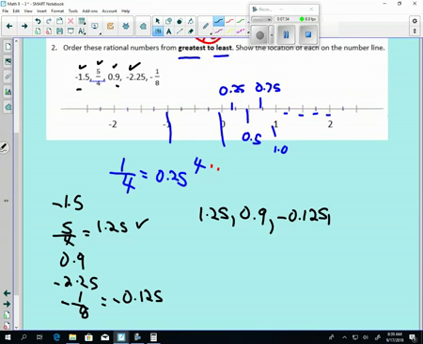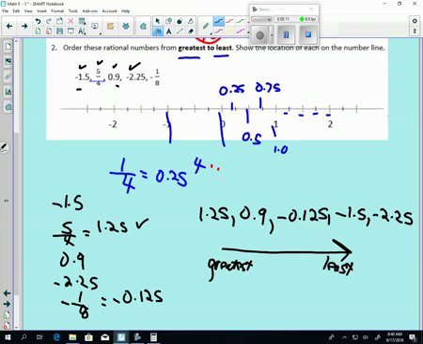Our next one is minus 1.5. And our last one is the biggest number here, but a negative, minus 2.25. So that is going from greatest to least.